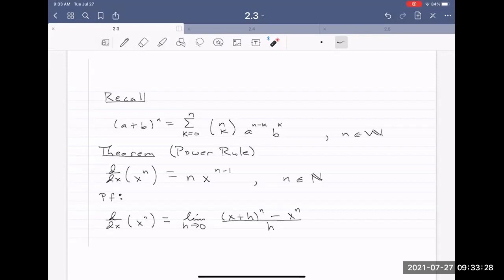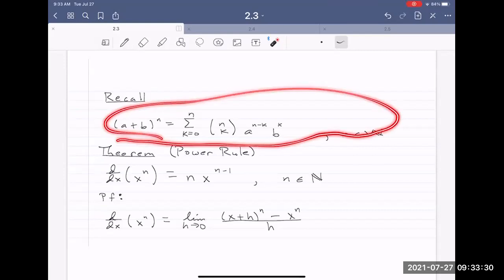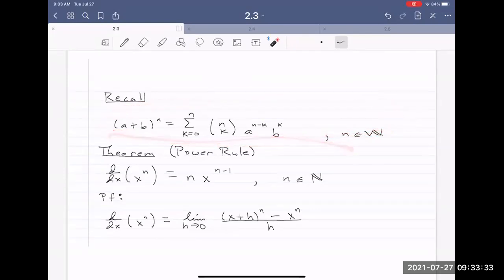Well, of course, you needed to use mathematical induction to prove this, but okay, so let's recall from pre-calculus, well, actually, the first time they show you this is in junior high, the binomial theorem.